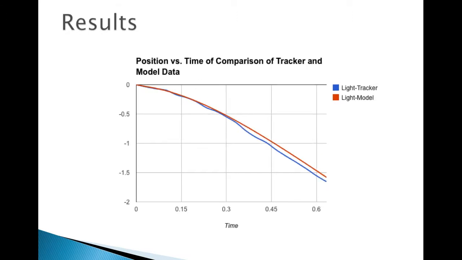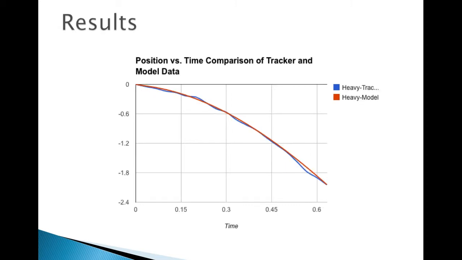This graph shows the difference between the Tracker model and the computer model, and the Tracker model deviates a little bit from the computer model, but that's just because the force of drag has more of an effect when the object doesn't have that large of a mass, but it was still pretty close. And in this graph, you can see the comparison of the heavy stack of plates in Tracker versus the predicted computer model.